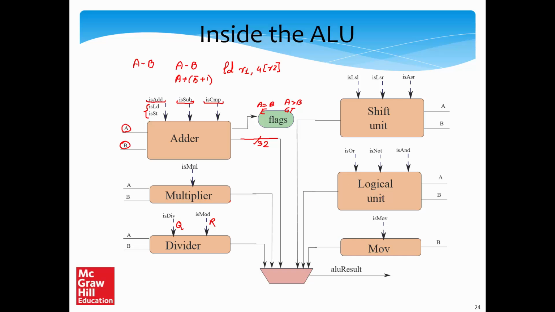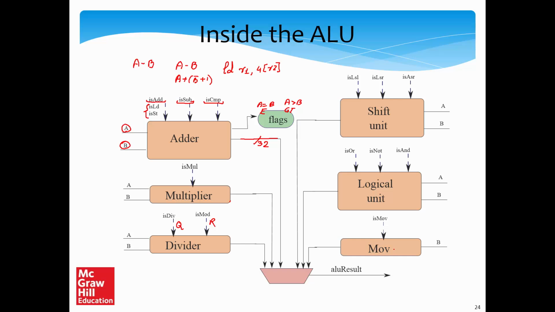Then we have a logical unit which computes the results of the OR, NOT and AND functions. NOT of course will not have a second operand, but the other two, OR and AND, will have two operands.